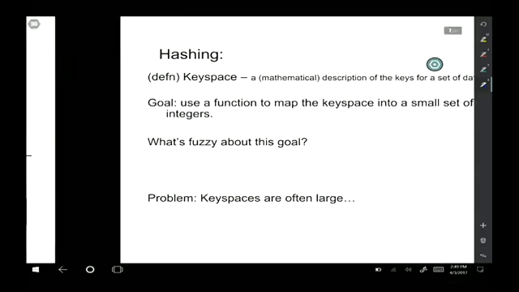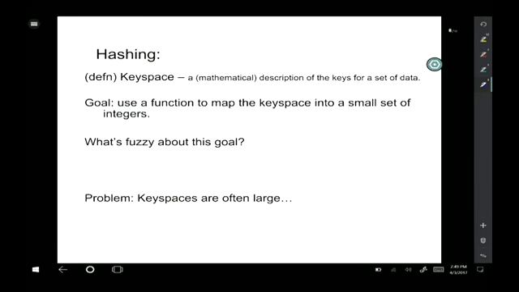Okay, let's see. I want to capture just what our goal is for hashing so that we can hit the ground running next time. So I want to do this in sort of a mathematical way, and I want to begin to quantify things. I want to give a name to a key space, maybe refer to it as K, and let it be the description of the keys for a set of data.